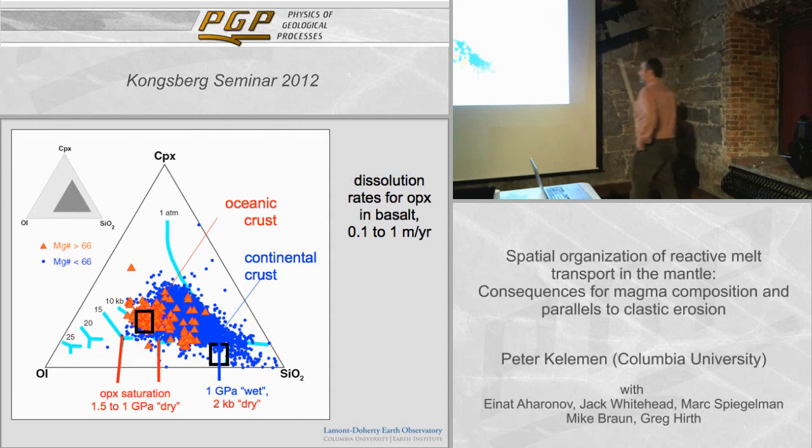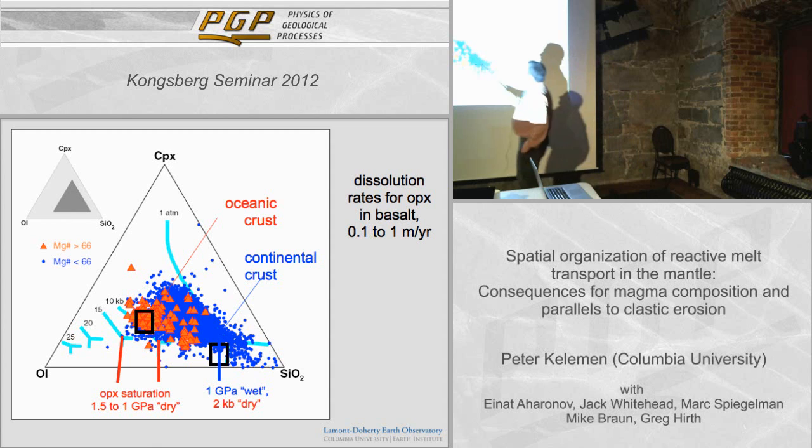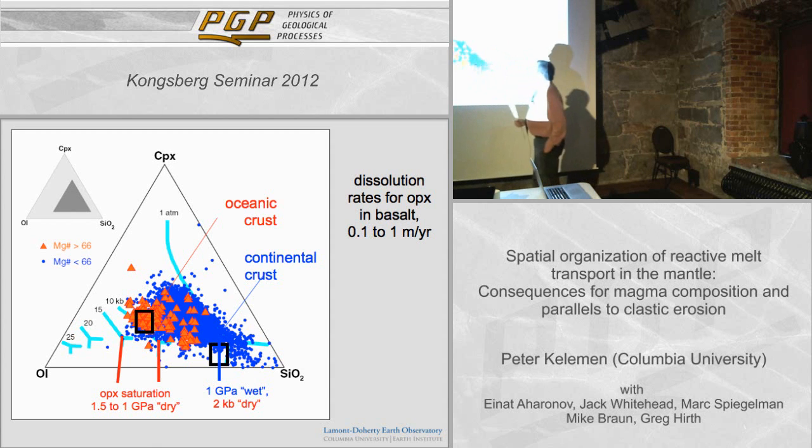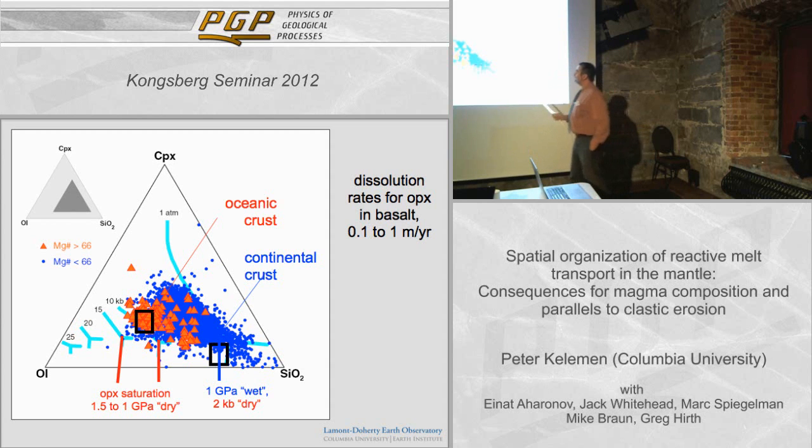I am of the opinion that phase diagrams are actually useful in illustrating things. Very many people in this room, but I just can't resist. So here's a phase diagram in terms of olivine, clinopyroxene, and silica projected from spinel or plagioclase, I forget which, plagioclase, I guess.